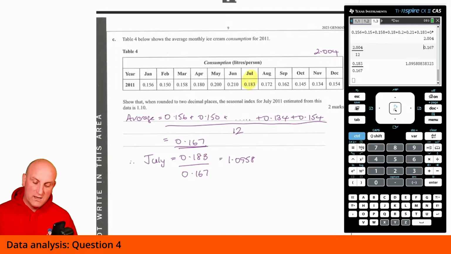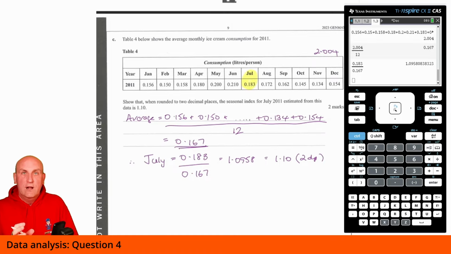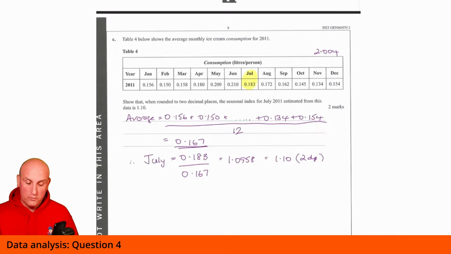And therefore, July is equal to 0.183 divided by 0.167, which equals 1.10 to 2 decimal places. Something along those lines. You've got to give them something to mark. They've got to be able to allocate those 2 marks to something. So you've got to help the examiners out there. They want to give you marks on the whole.